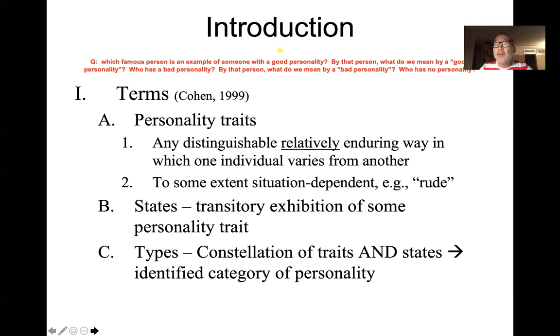That said, it is an example of this notion of types, that people can demonstrate a particular personality trait, like being extroverted, and will have these states that come in and out with some degree of frequency, like being anxious. So, an extrovert who's a little nervous kind of person.